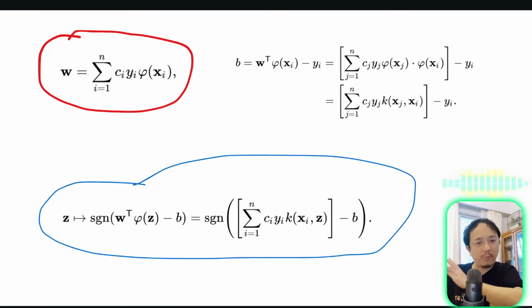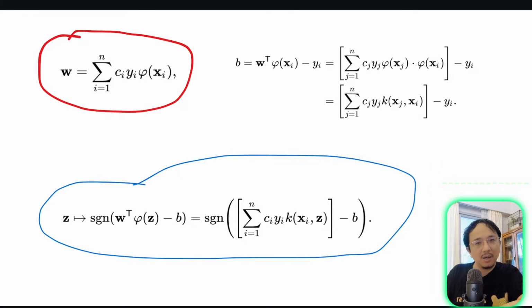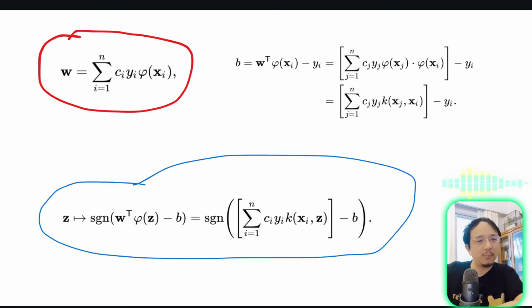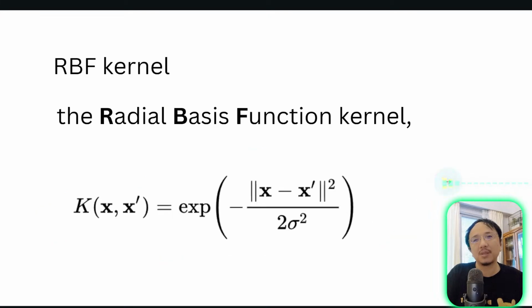Our experience with the randomized feature generation motivates our work right here, and we believe this should work. So one popular kernel is called the RBF kernel.